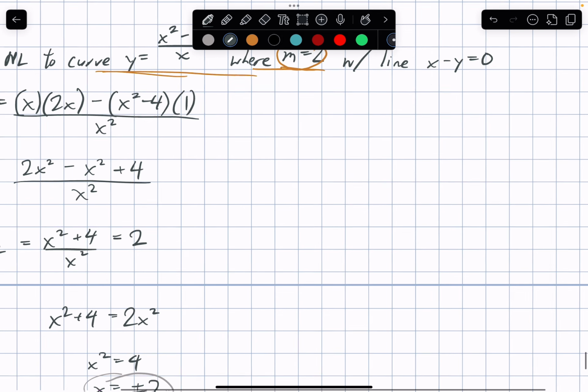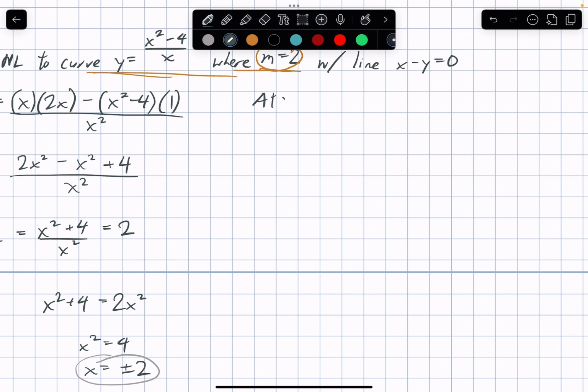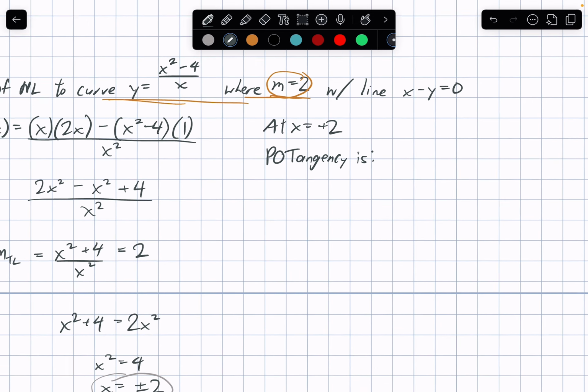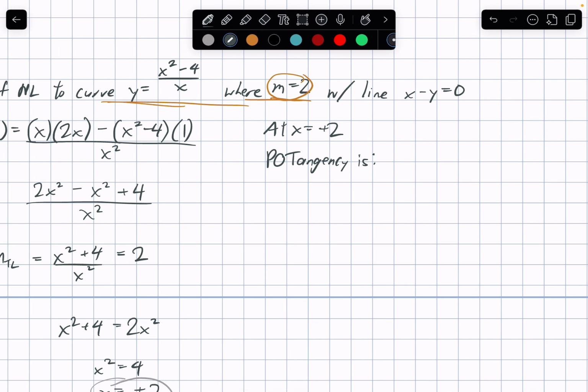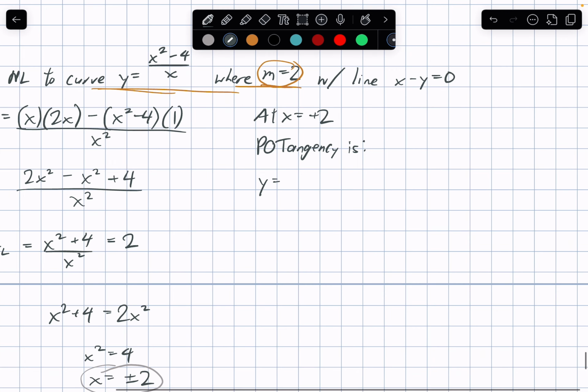At x equal to positive 2, the point of tangency is what? We're going to use the curve: y is equal to, we just substitute x as 2, 2 squared minus 4 over 2, that's equal to 0.